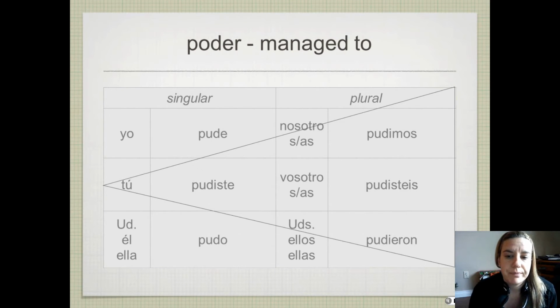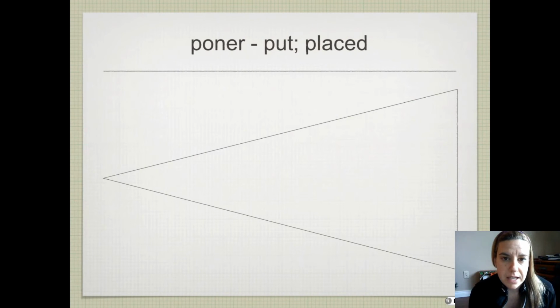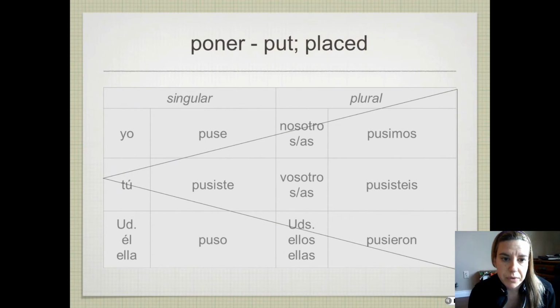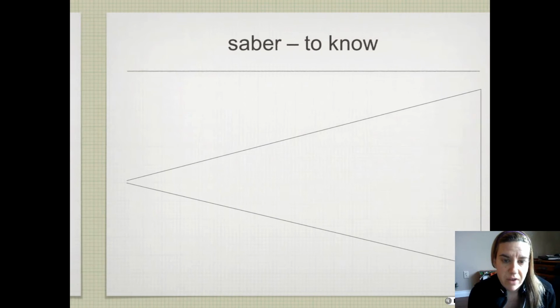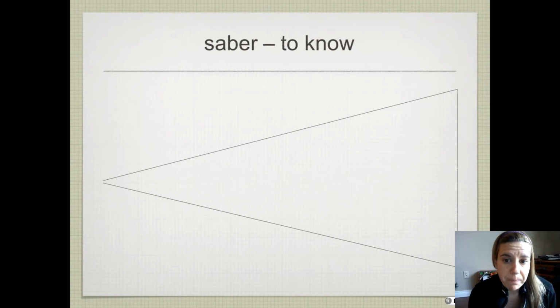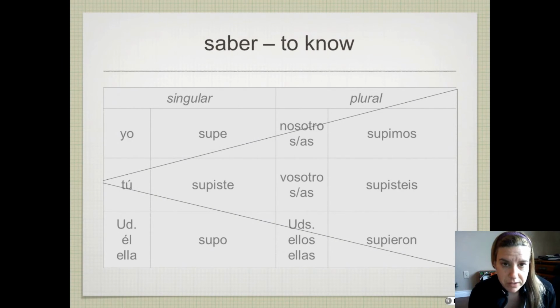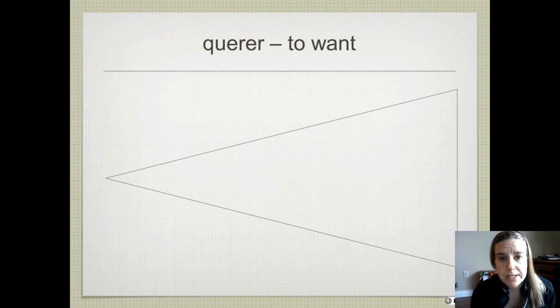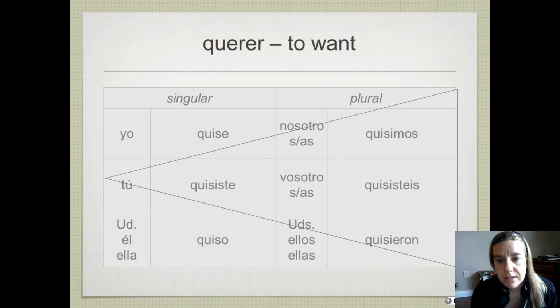So that's how you conjugate these. This slideshow will actually take you through the conjugations of all of the ones that are in the textbook. I'm not going to read them all to you, but I will post the slideshow up on Canvas so that you have access and you can see how each of these change.